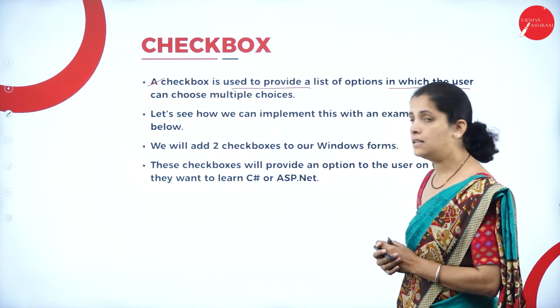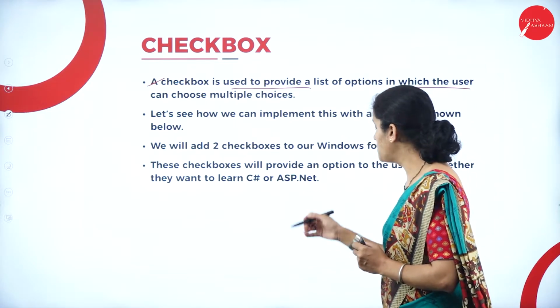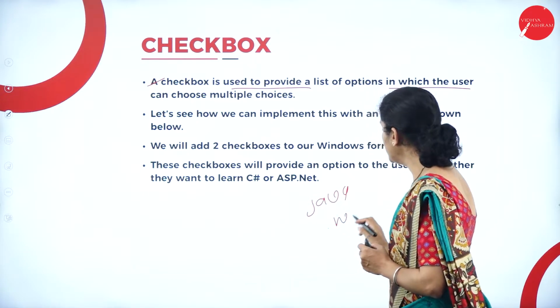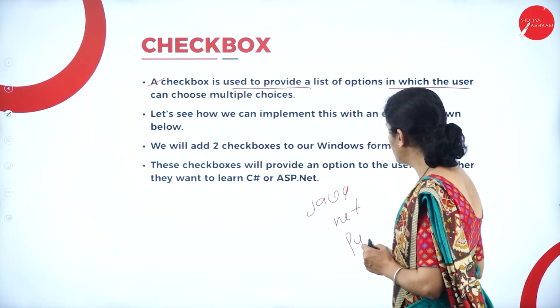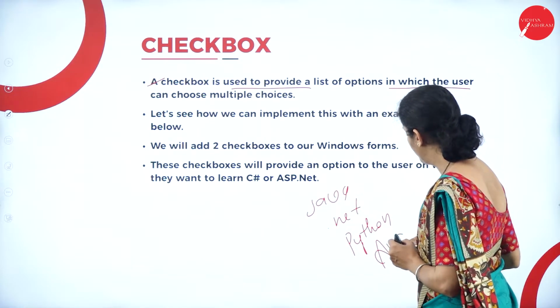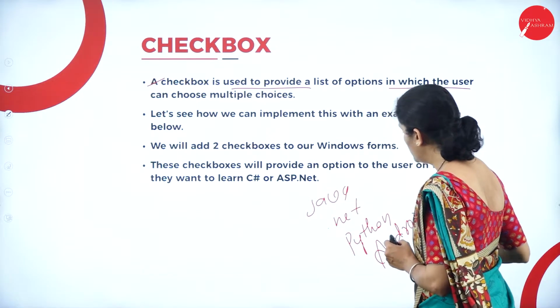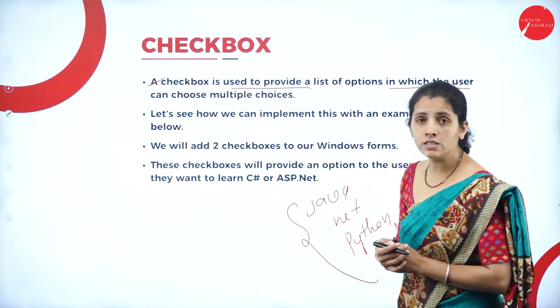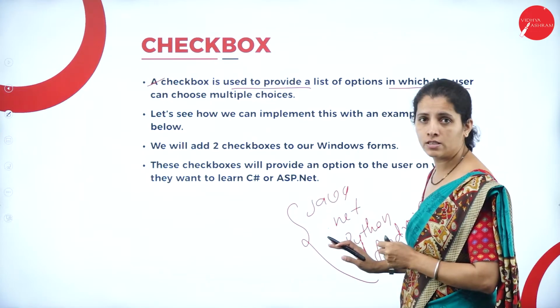For example, think that you have subjects like Java, .NET, Python and Android. Okay, now if I consider this example, how many options am I having? 4 options.